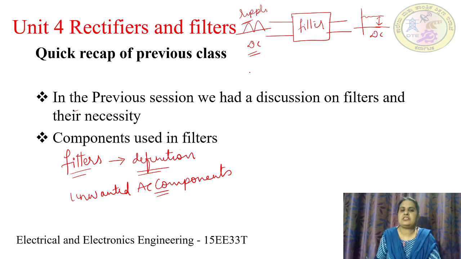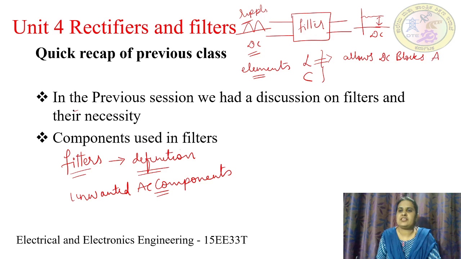Also, we discussed in our previous class the components required for the construction of a filter. We studied that the inductor L and the capacitor C are the basic elements of a filter. Because of its property, the inductor allows DC and blocks AC.